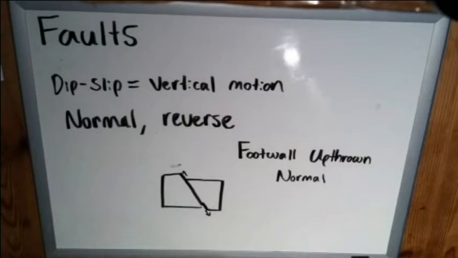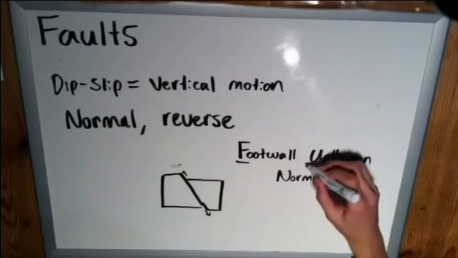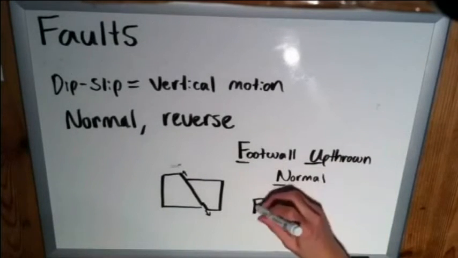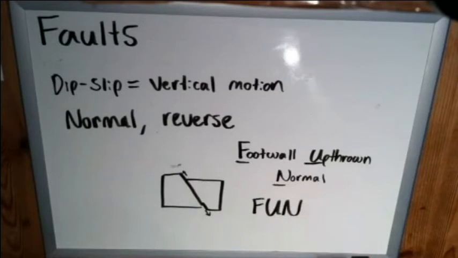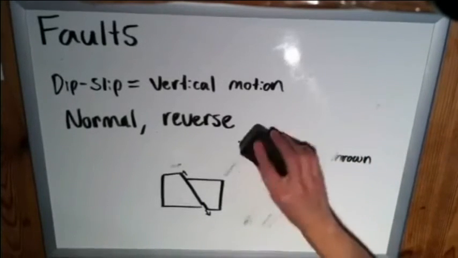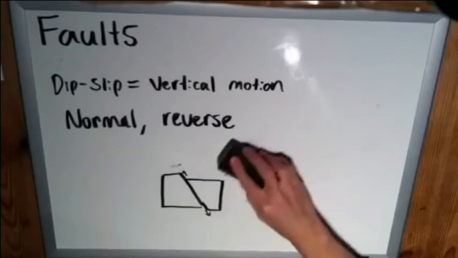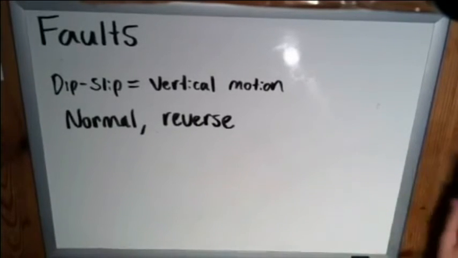Or if you take the first three letters of these three words, you get fun. Oh, that's fun. Geology's fun. So footwall upthrown normal. Okay, remember that. And then we'll get into our reverse fault, which is the opposite.